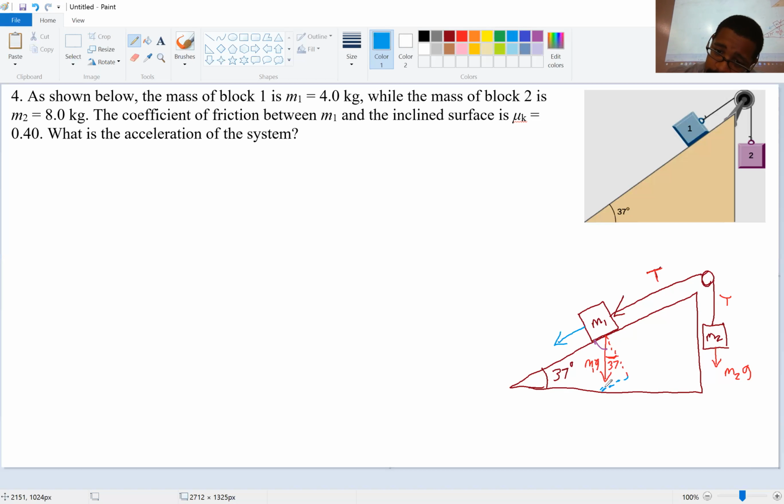Well, it's going to be the hypotenuse of the triangle. So M1G times sine or cosine. Which one is it? Well, it's going to be opposite over hypotenuse. So it's going to be the sine of 37 is what this part is.